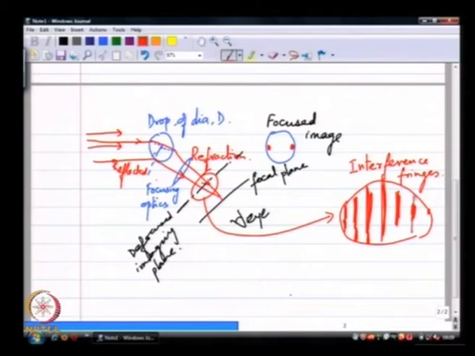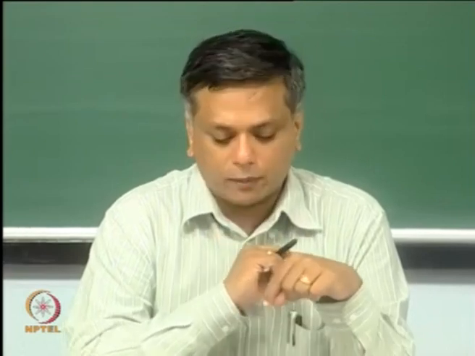These interference fringes, especially the fringe width, contain information about the size of the drop, and it is really a hard signature that is coming directly from the sphericity of the drop and the size capital D of the drop.